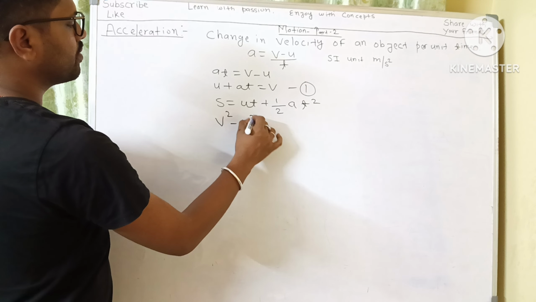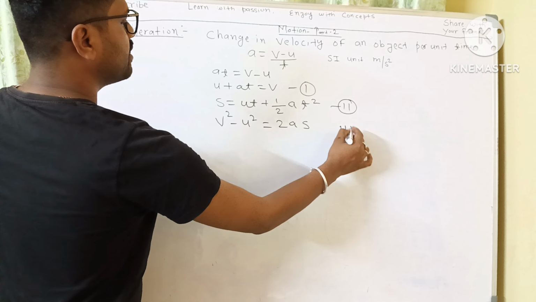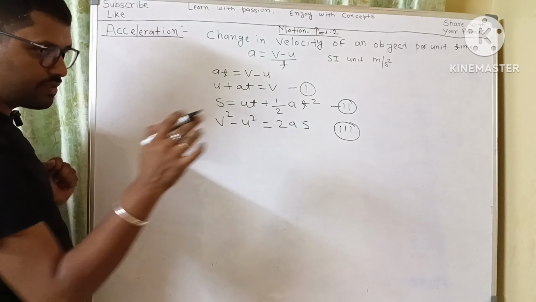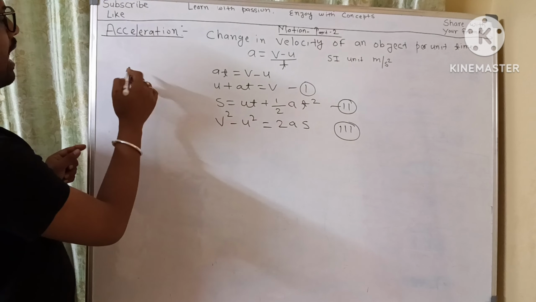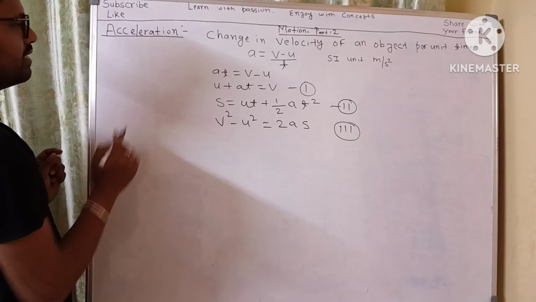Now you may wonder why we need to know this many equations. I will tell you why. Because all are related. First we have studied distance, and distance we say is s here.